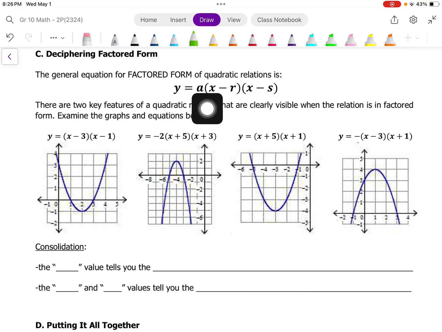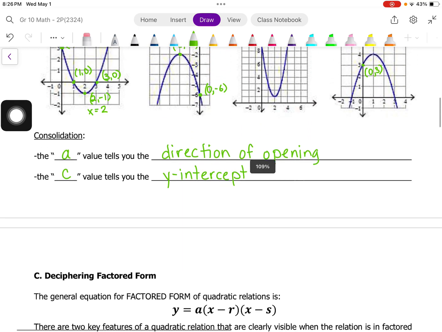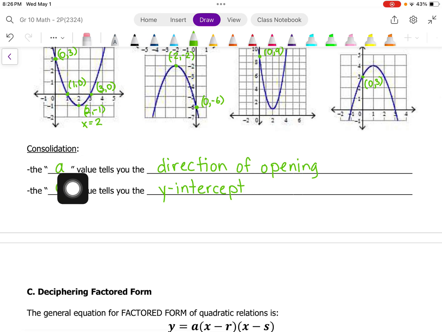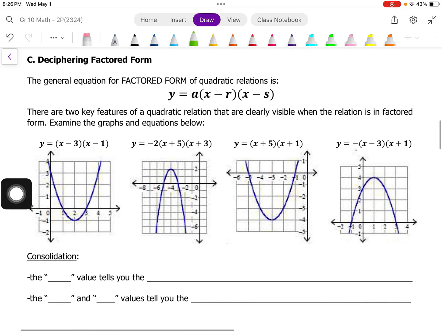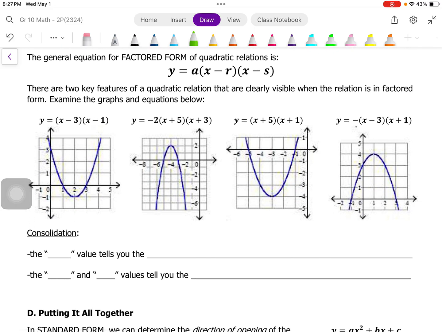Now once again we have an a here. That's the exact same letter used as in standard form, and that is because as we go from one form to the other, that number is actually going to be the same number. So in the last one we learned that the a tells us if we open up or down. Here I have nothing in front of here, which means that it's a +1.